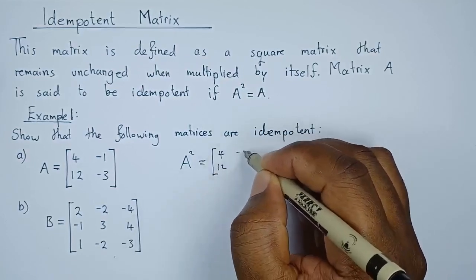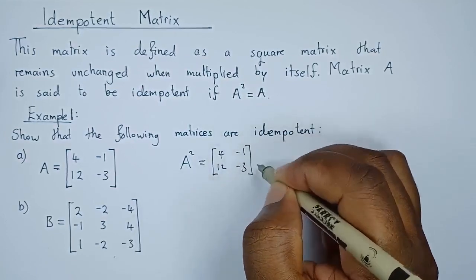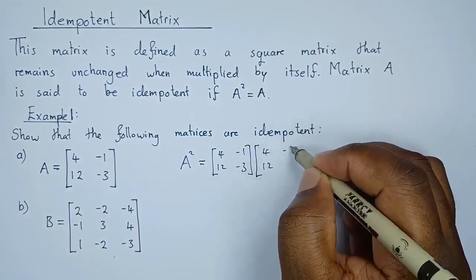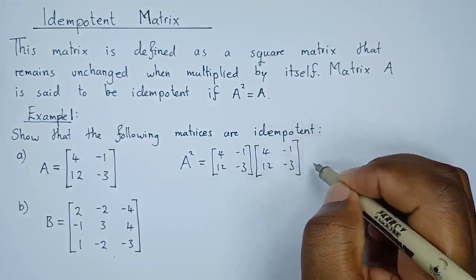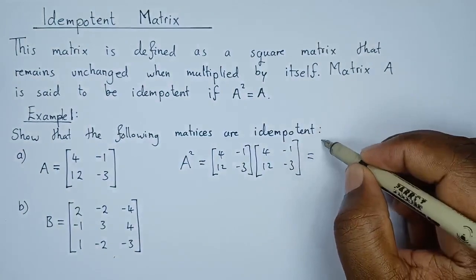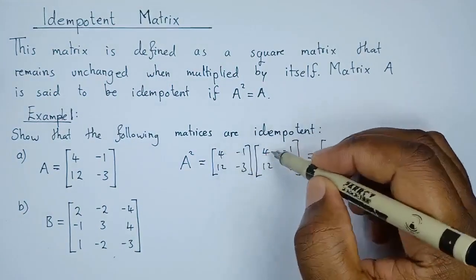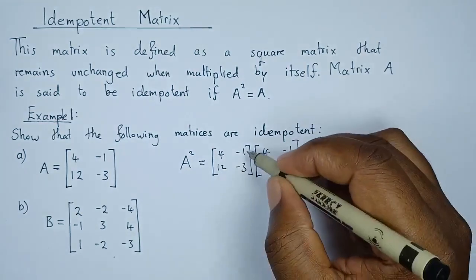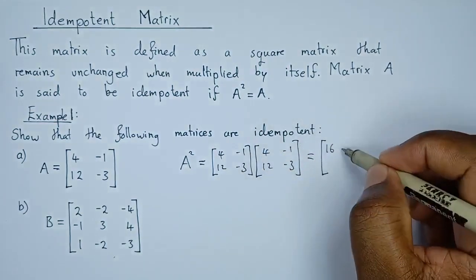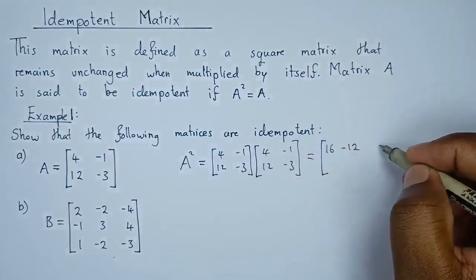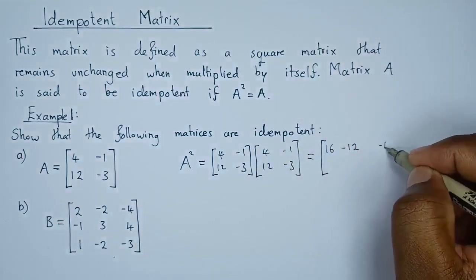4, 12, minus 1, minus 3, multiplied by itself, which is 4, 12, minus 1, minus 3. So row by column, this row times this column. So 4 by 4, we get 16. Negative 1 times 12, we'll have minus 12. 4 times negative 1, we'll have minus 4.